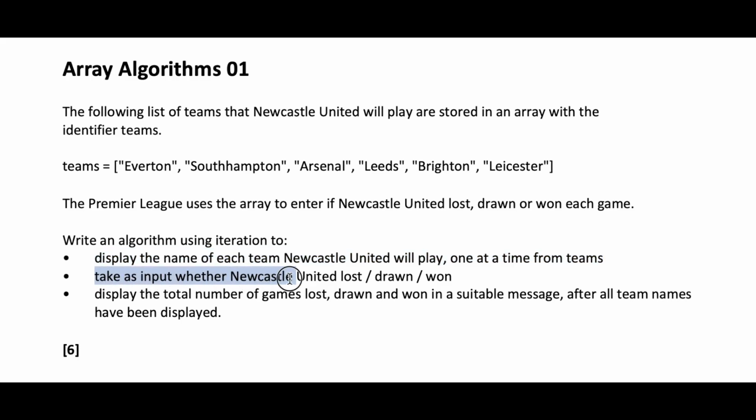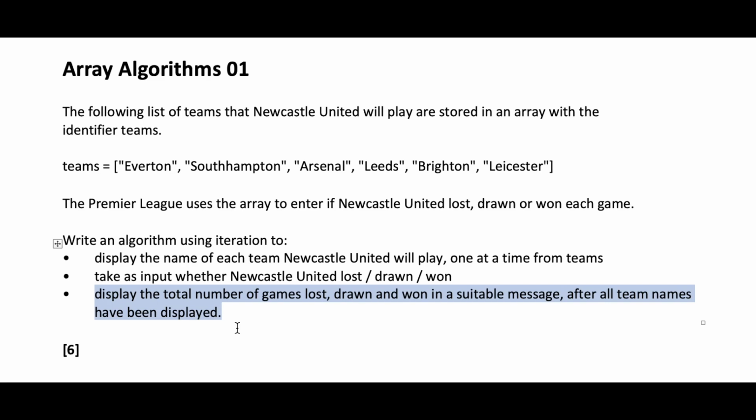Second point. Take as an input whether Newcastle United lost that game, drawn, or won. Third point. Display the total number of games lost, drawn, or won with a suitably formatted message.